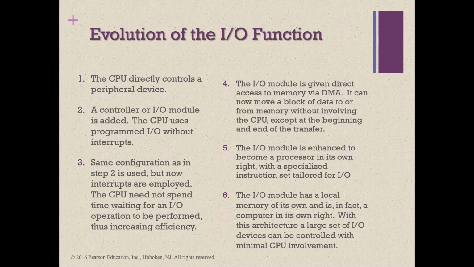2, a controller or IO module is added. The CPU uses programmed IO without interrupts. With this step, the CPU becomes somewhat divorced from specific details of external device interfaces. 3, the same configuration as in step 2 is used, but now interrupts are employed.